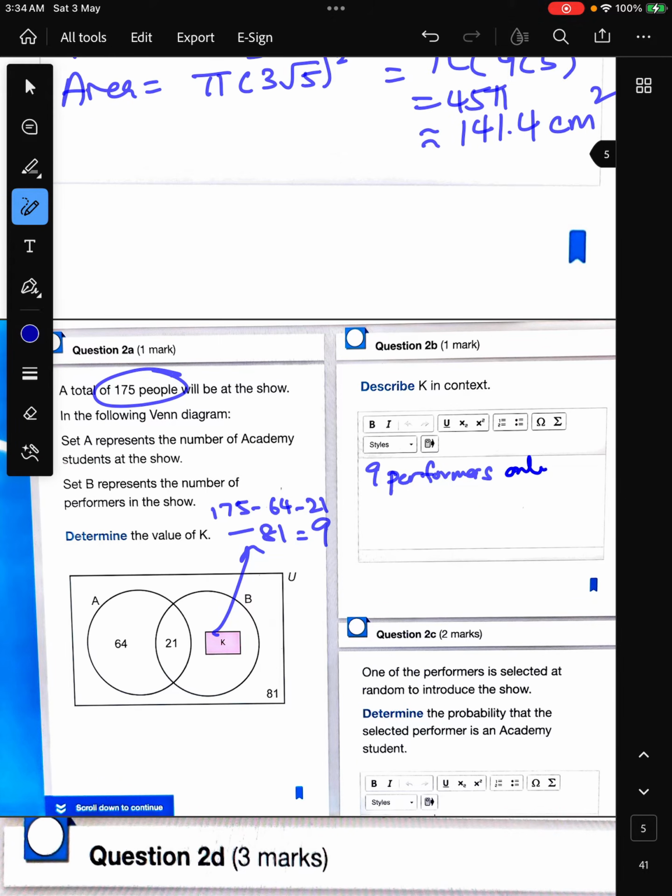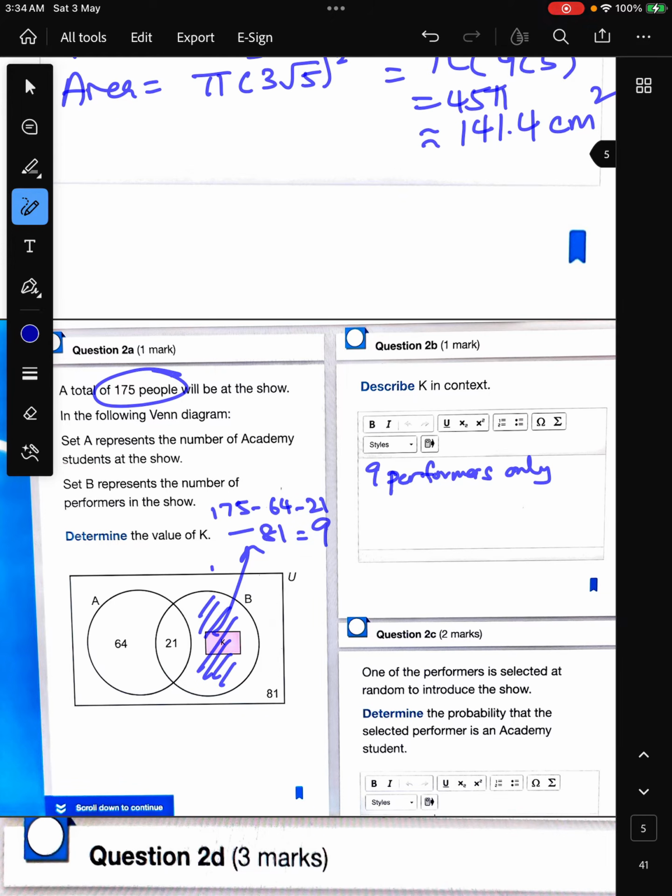Okay, but remember, since we're looking at this little section here, they do not include the ones who belong to the academy.